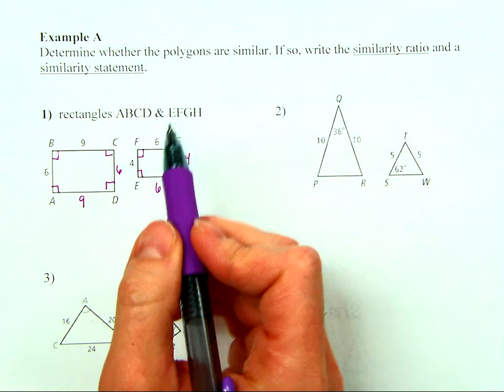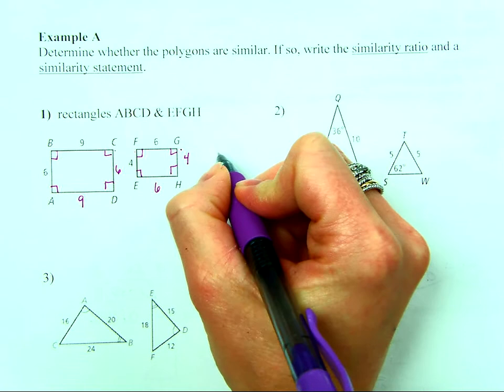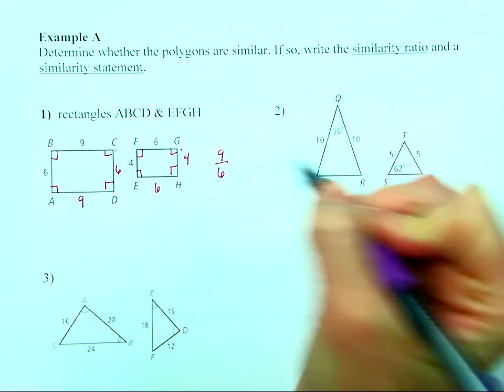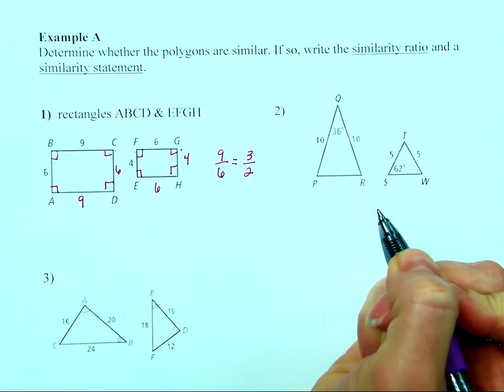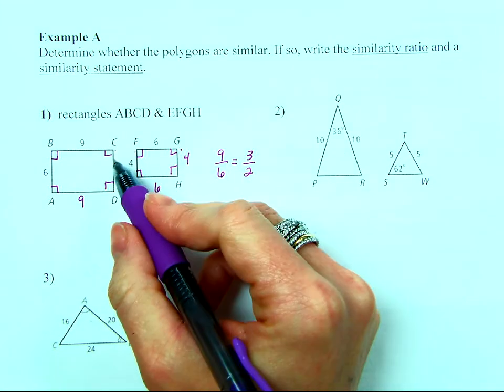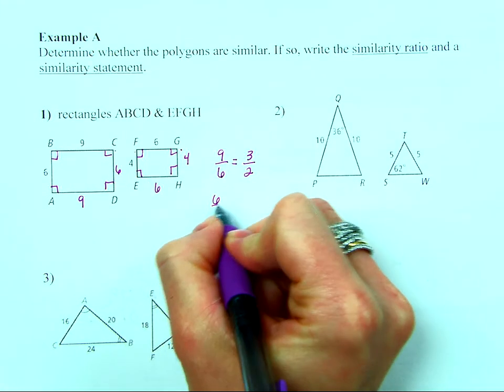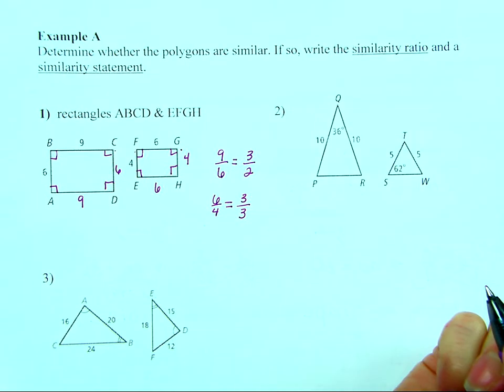But I'm going to go ahead and check my corresponding sides, B to C and F to G. Well, I would be looking at 9 to 6. I can see that's a ratio of 3 to 2. I need to check my width as well. Large to small, 6 to 4. That also reduces to 3 to 2.